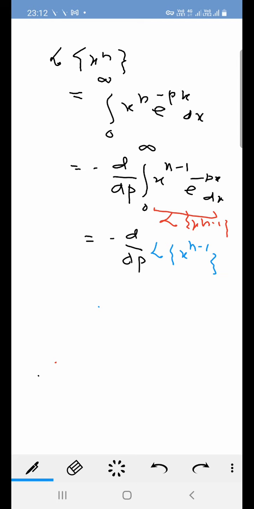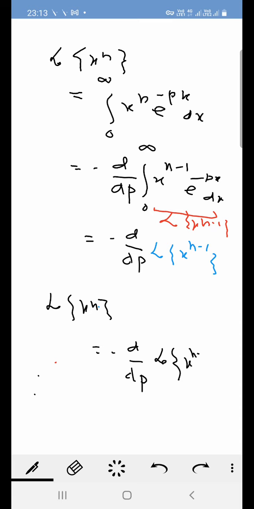So this is another expression: Laplace transform of x to the power n is equal to minus d by dp of the Laplace transform of x to the power n minus 1.